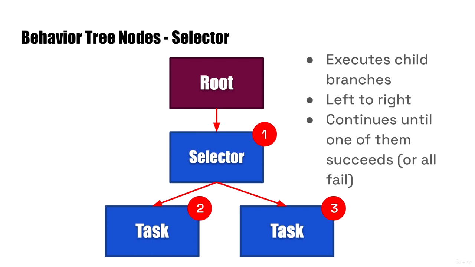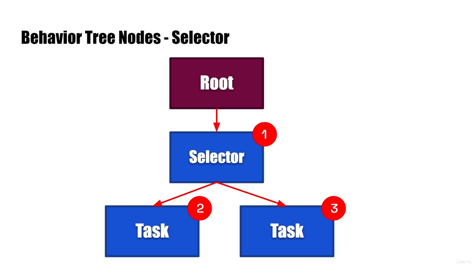Now, let's say our selector attempts to execute this child node here. If this child node succeeds, then the selector will not execute any more child nodes. It will, in fact, return success back to the root, at which point the tree starts over. Now, let's say this child node fails. Well, in that case, the selector will continue to execute nodes until it finds a success.